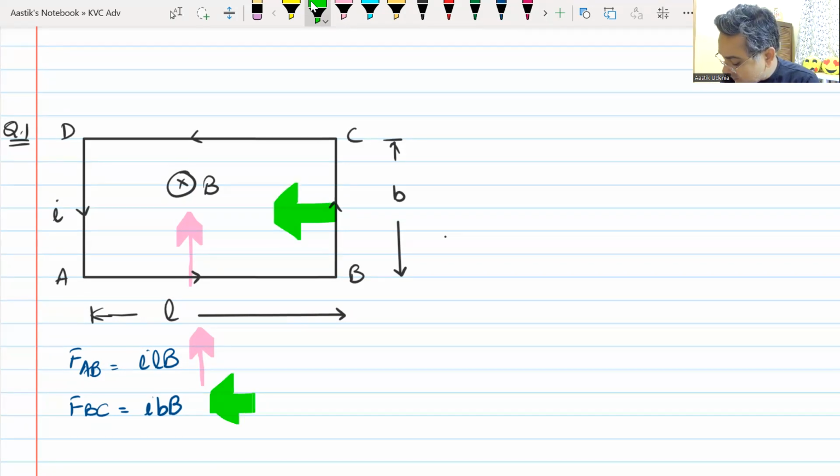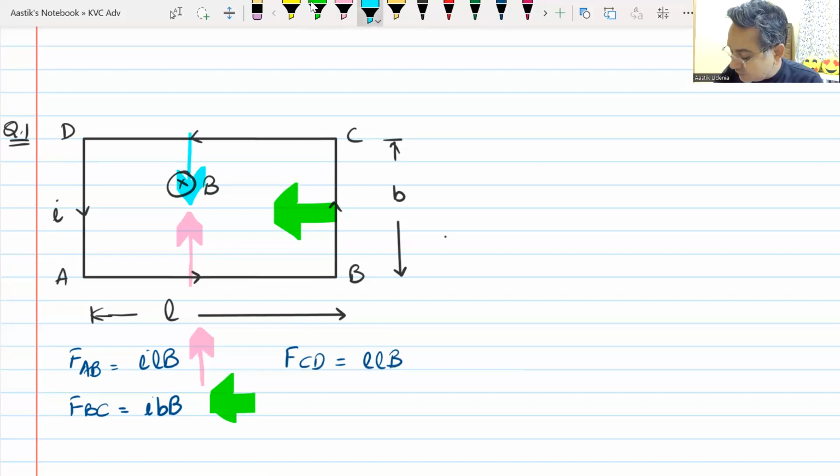Are we able to understand this, or is this going above our head? We understood. Force on the wire CD will be how much? ILB, sir, towards downward.